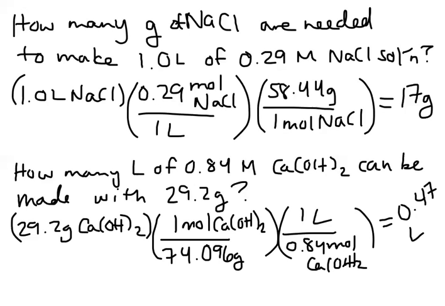All right. One last thing I want to cover in terms of type of problem. It's called solution dilution. Solution dilution is simple, which means people try to use it too often. There are only certain situations where you can use this formula, and it is only when you are diluting. What is dilution?